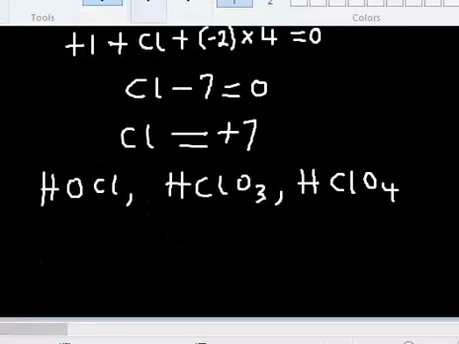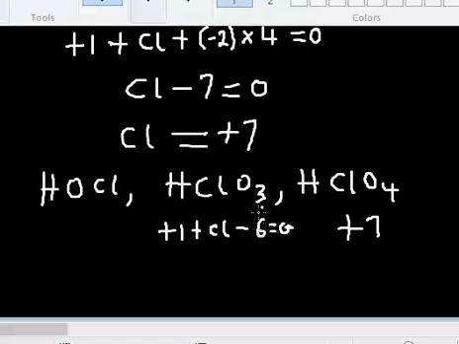Because that's what we just did. So this is already +7. Let's do this one. This one is +1, right? Plus Cl, of course, 3 times 2 minus 6 is equal to 0. So if you actually have +1 minus 6, that's -5. So the Cl here is going to be equal to +5.